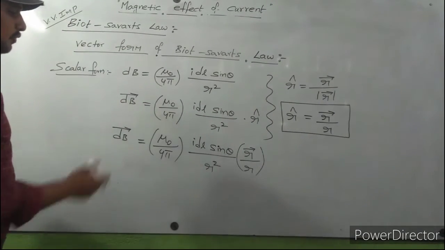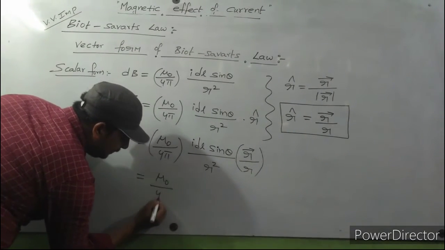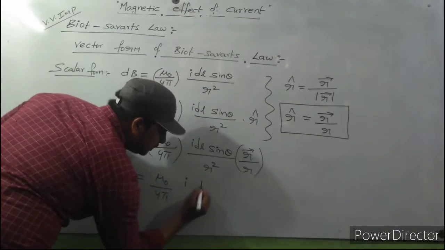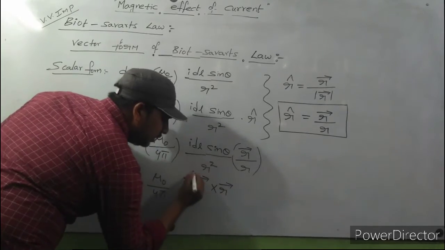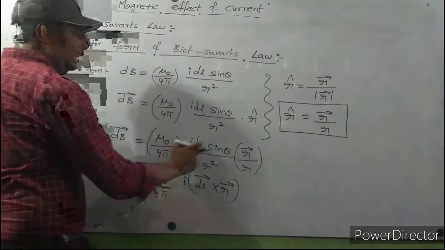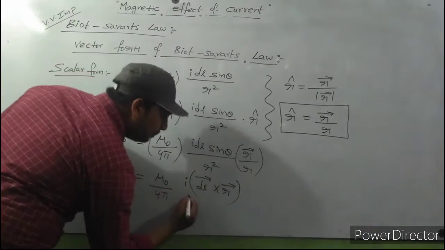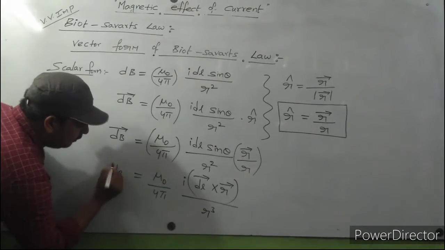From this we get mu naught by 4 pi into I into dl bar cross r bar by r cube. So observe carefully, dl r sin theta can be written as dl bar cross r bar.